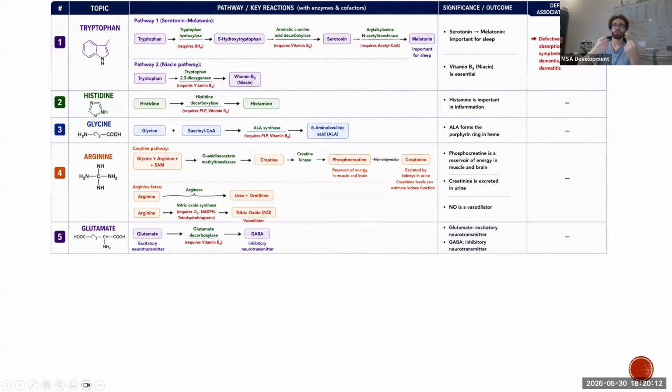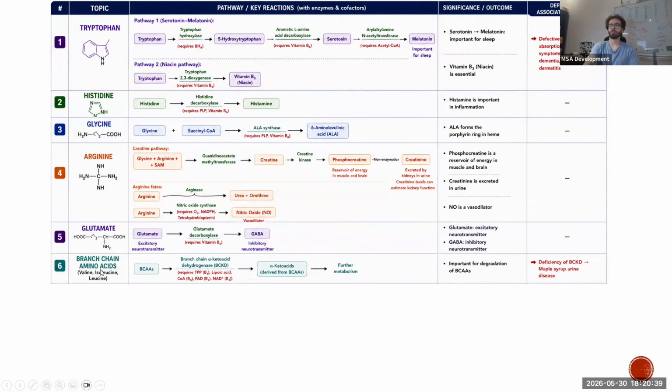It causes contractions, excitation, but it can be converted to GABA, which is an inhibitory neurotransmitter. GABA is literally just the opposite of glutamate, guys. Did you get it? What enzyme does this? Glutamate decarboxylase. Needs vitamin B6. Okay? Glutamate excitatory, GABA inhibitory, glutamate decarboxylase to switch between them, and the vitamin needed for this enzyme is B6.